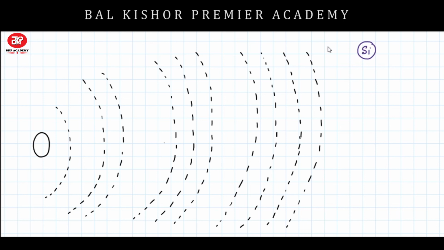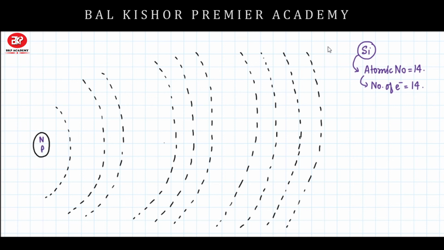In this silicon atom, we know the atomic number is 14, so the total number of electrons will be 14. Now let us distribute this. Here it will be neutron and proton.